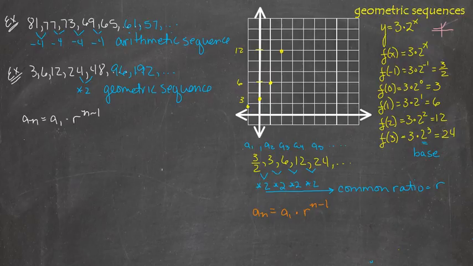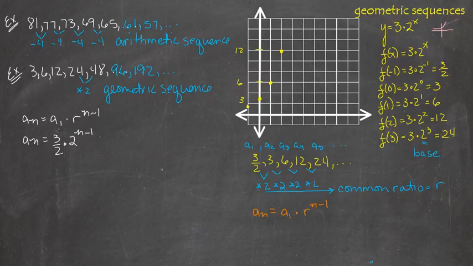So in this case, a sub n, or the nth term, would be the first term, which, let's use this version, 3/2, times the common ratio, 2 raised to the n minus 1.